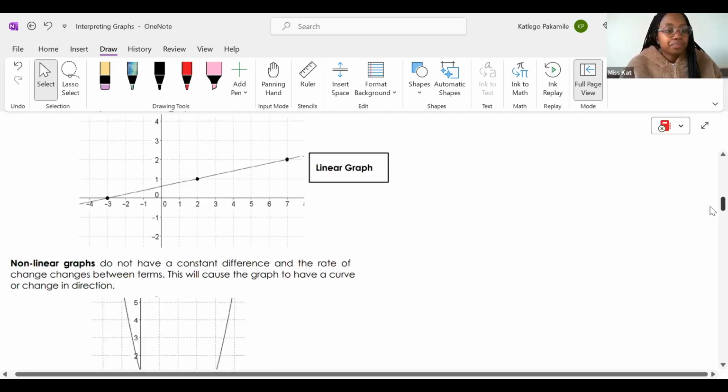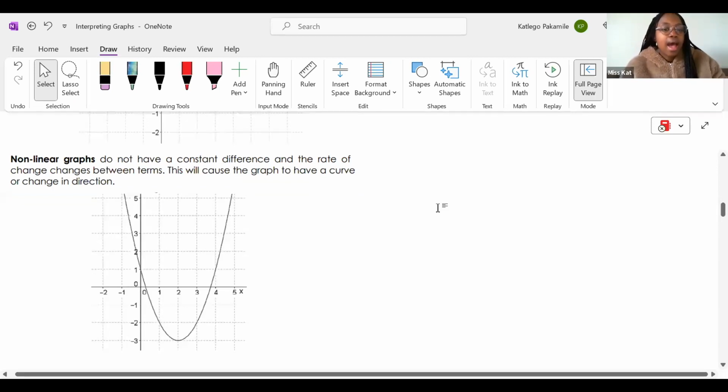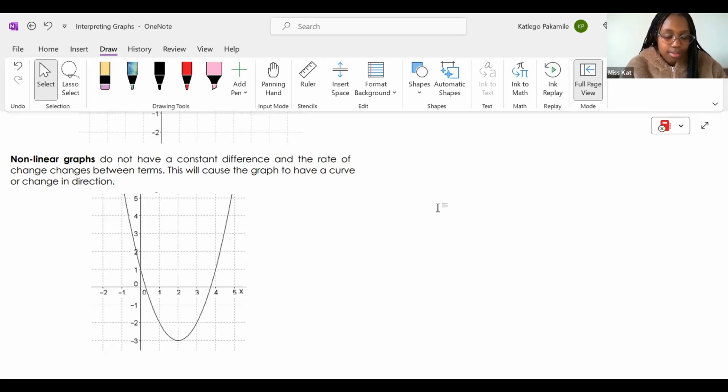And non-linear would be graphs that do not have a constant difference, and the rate of change changes between the terms. Okay, that was very complicated, but the way it changes is different. We'll talk more about this when we talk about the gradient. It's coming up in the next lessons.